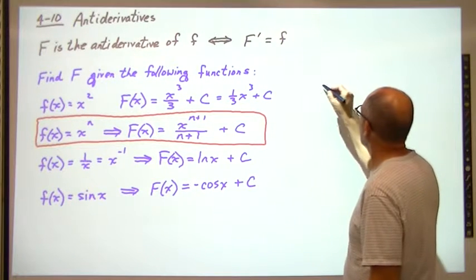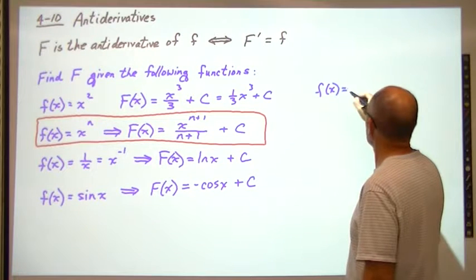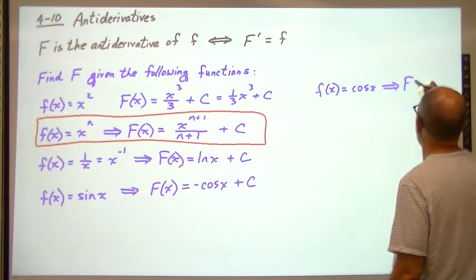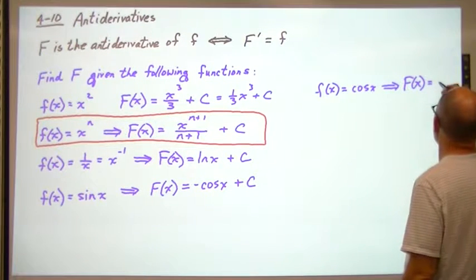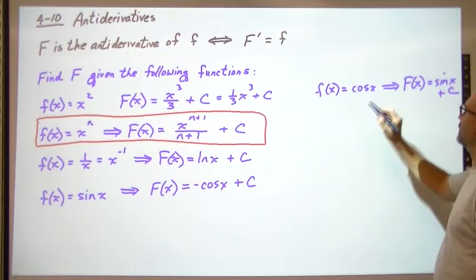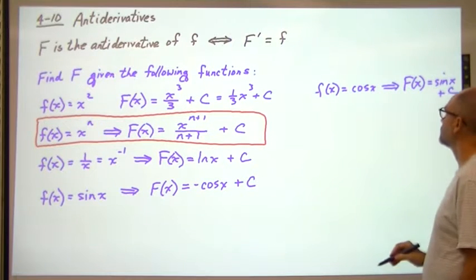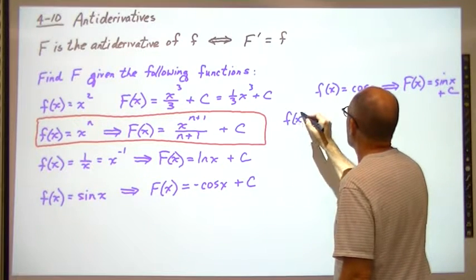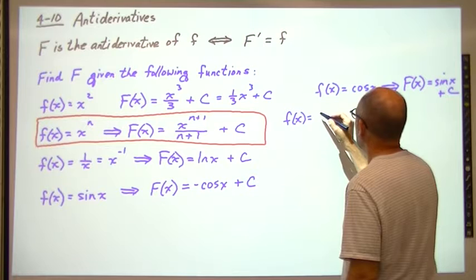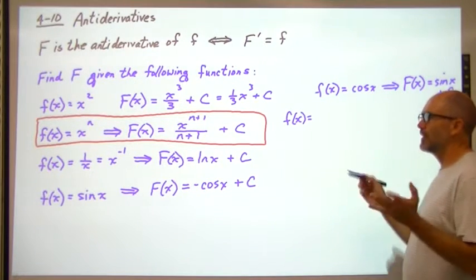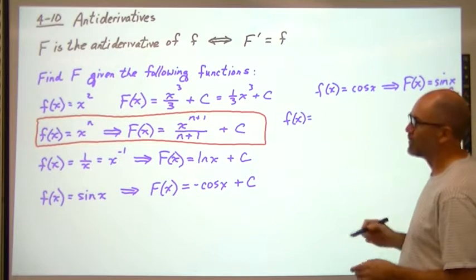And we could go on. If f of x equals cosine x, then capital F of x equals sine x plus c, of course, because the derivative of sine is cosine, so the antiderivative of cosine is sine. Then I know if f of x equals tangent x, well, okay, there's no way I can get the antiderivative of tangent x.